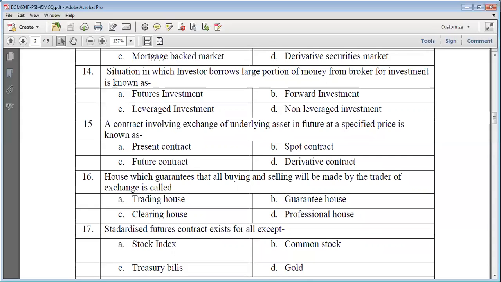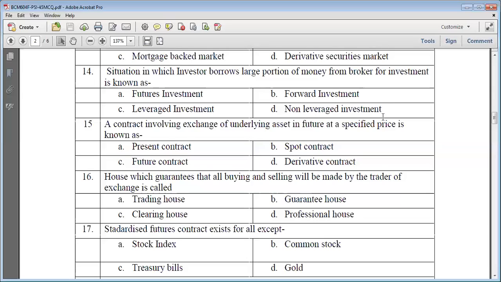It means the agreement is made today, all terms and conditions of purchase and sale of the underlying instrument are finalized today, but the actual transaction takes place in future. Here, the contract involving exchange of underlying asset in future at a specified price is nothing but a derivative contract. So option D is the correct answer.